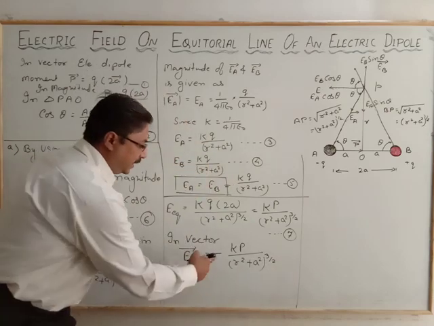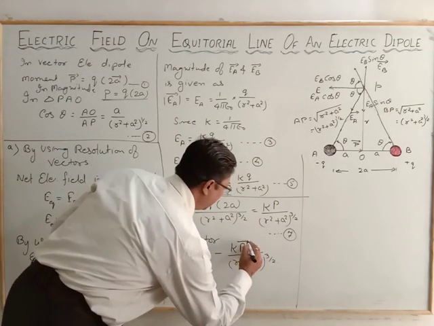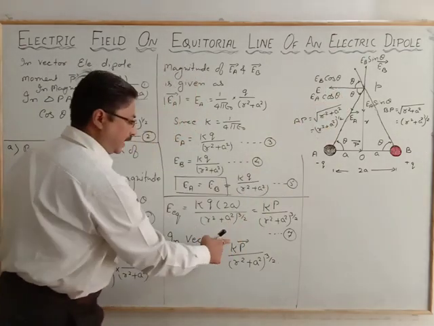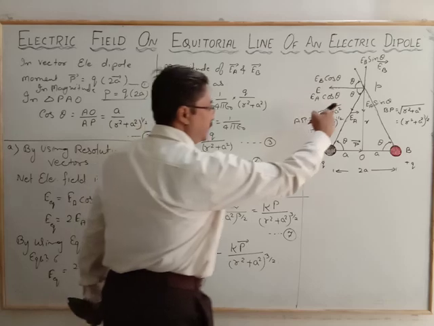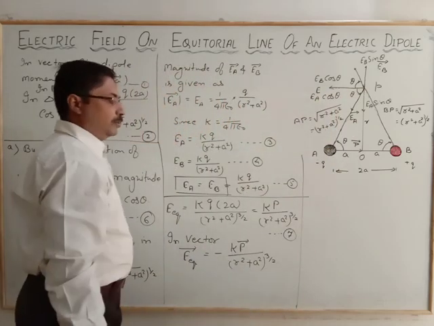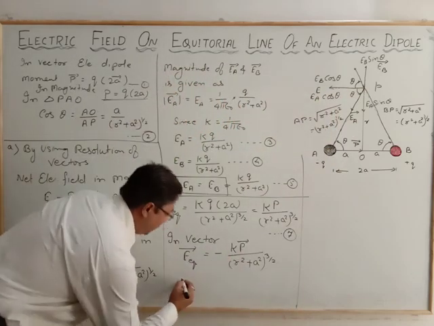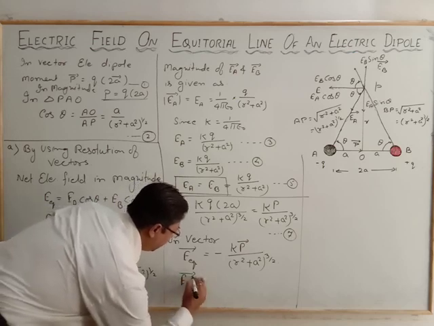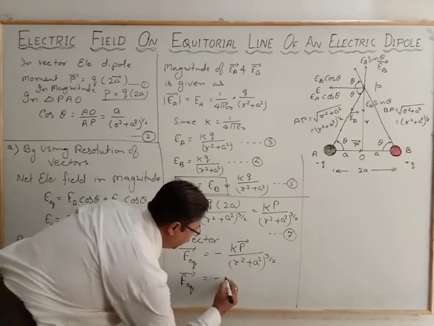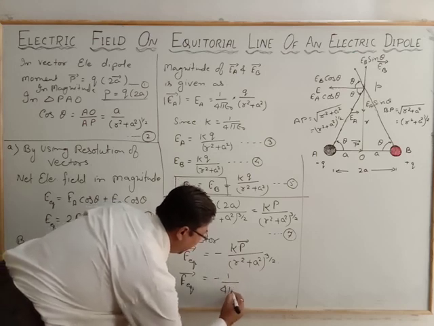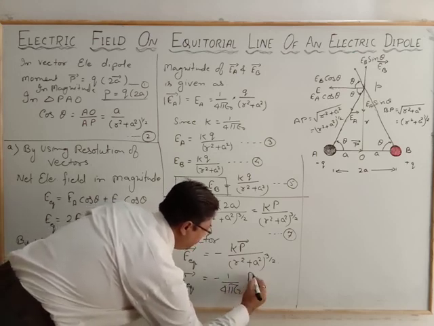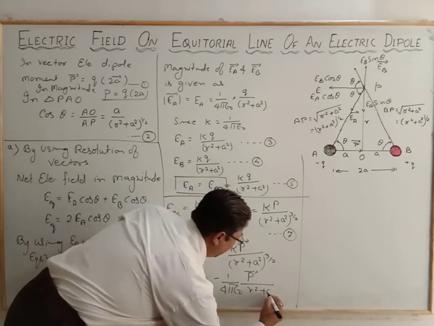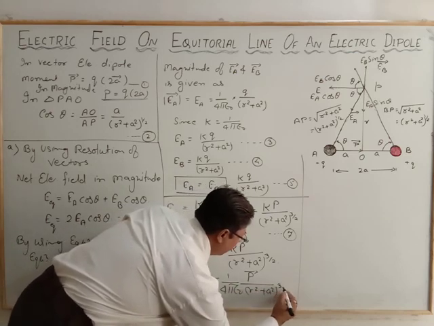That negative indicates the vector of the electric field at the equatorial point is opposite to the dipole moment. Or this relation may be written as E vector equatorial is equal to minus 1 by 4 pi epsilon naught, that is P vector by (r square plus a square) whole 3 by 2.